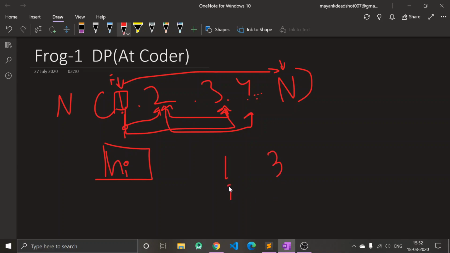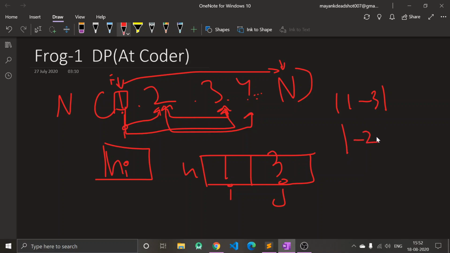This is i, this is j, so these are the height of i and the height of j. The cost is the absolute value of 1 minus 3, which is minus 2, and taking the absolute value it will be 2. So we have to calculate the difference of these two values.